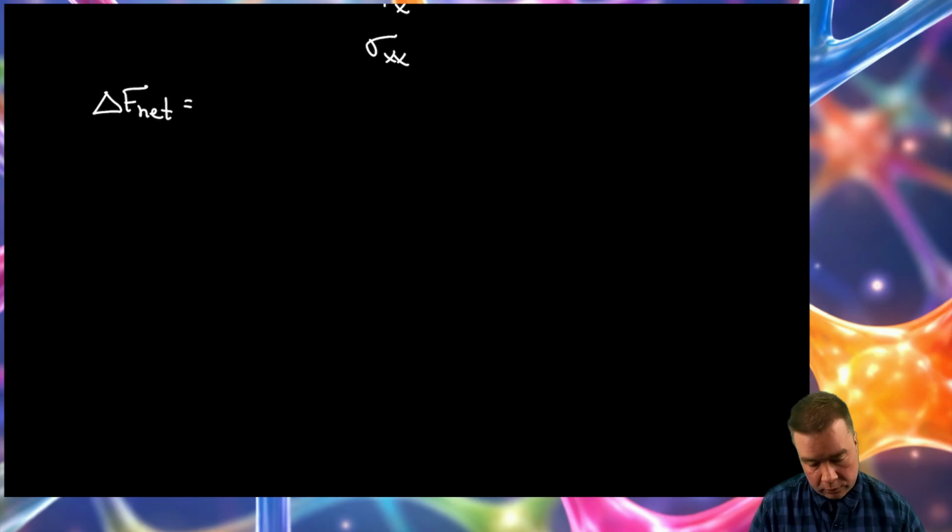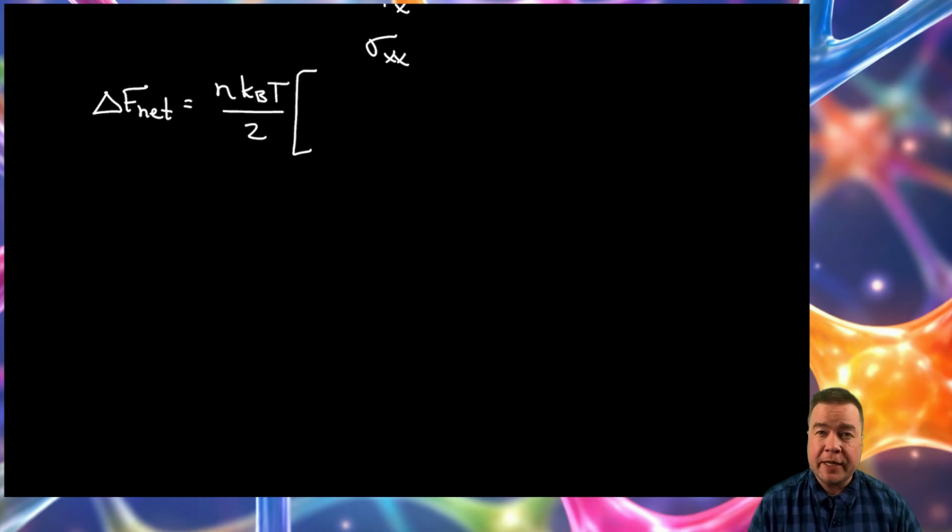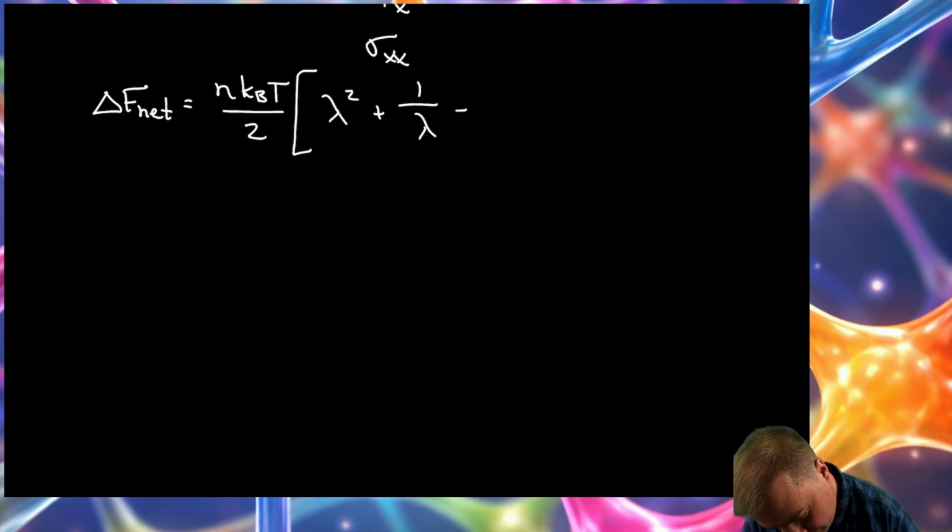So the change in free energy for our network upon being stretched, right? What we just did, we said this is n kBT divided by 2. Now if we substitute in lambda x and lambda y, we're going to have lambda squared plus 1 over lambda plus 1 over lambda minus 3.